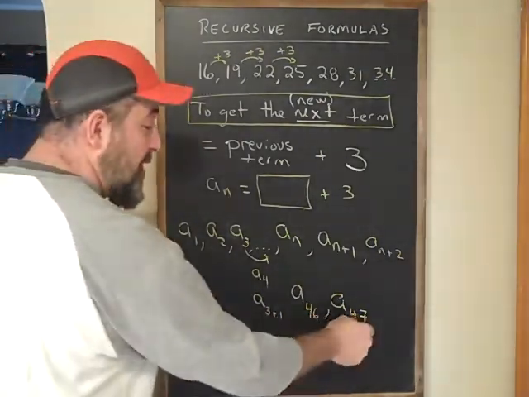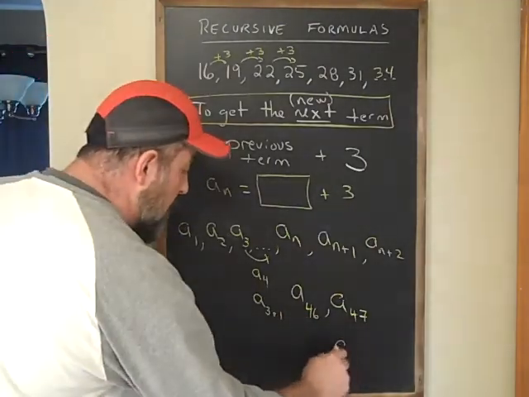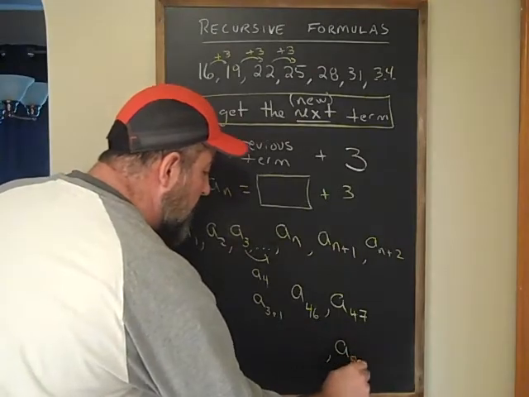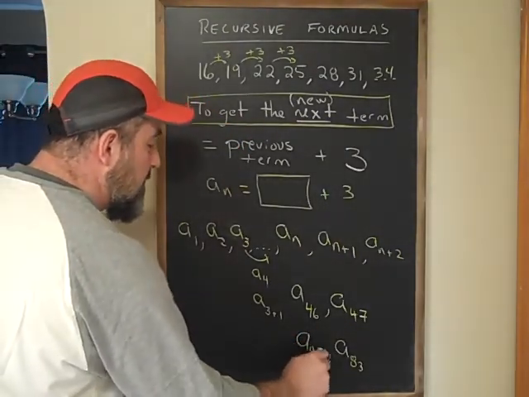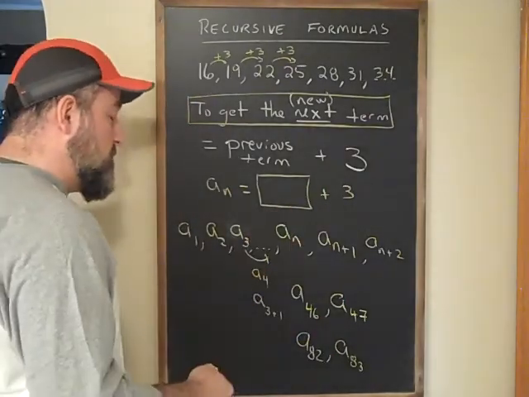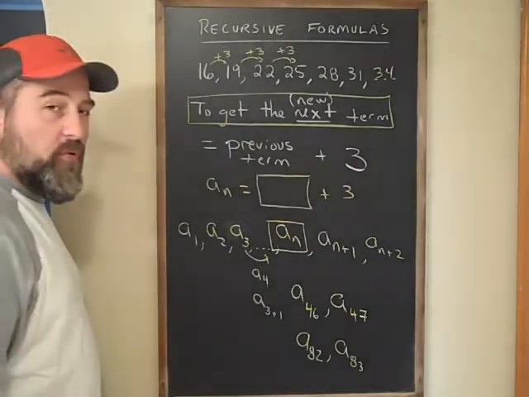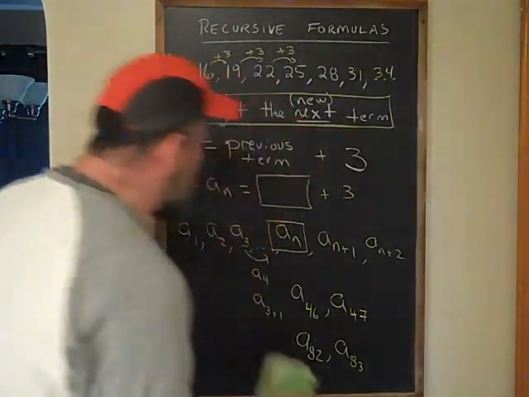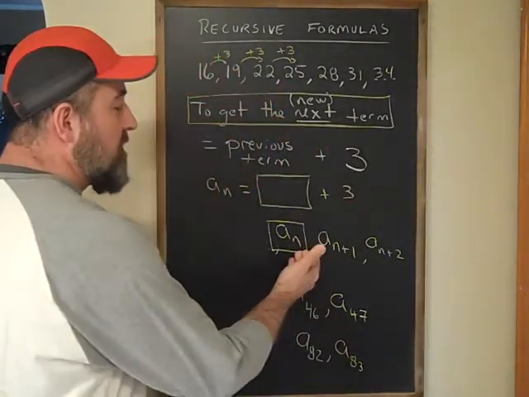Well, how do you get from 47 to 46? You just take 1 off. What's the term before the 83rd term? The term before the 83rd term is going to be the 82nd term. So now I'm asking you in essence to tell me what's the term before a sub n. So we're going to use the same idea that we used to get the terms after.